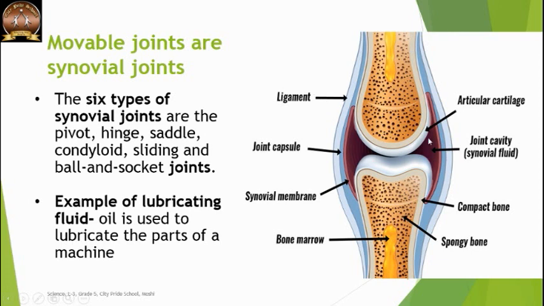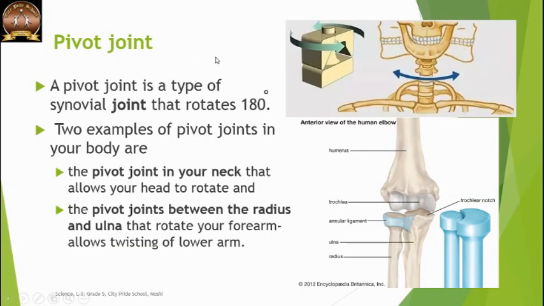The capsule formed where the bones meet with each other is filled with the lubricating fluid, that is the synovial fluid. The synovial fluid functions in the same way as oil, which is used to lubricate the parts of a machine. Now let us learn about the pivot joint.